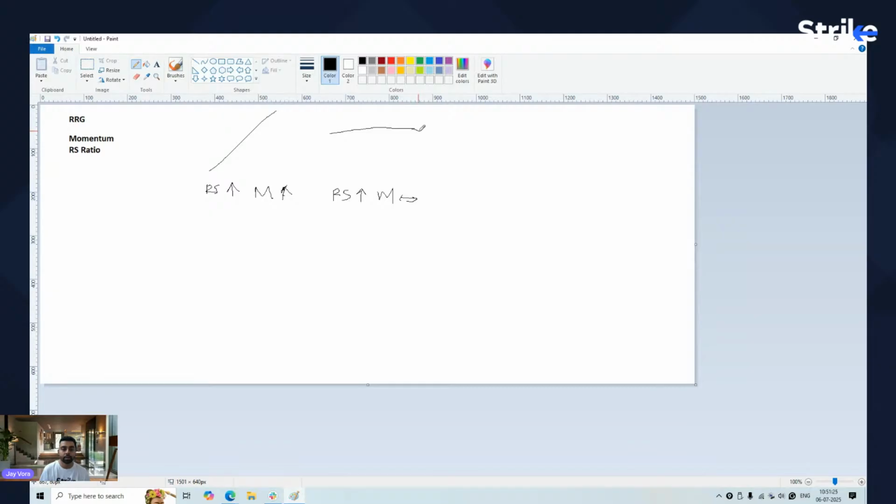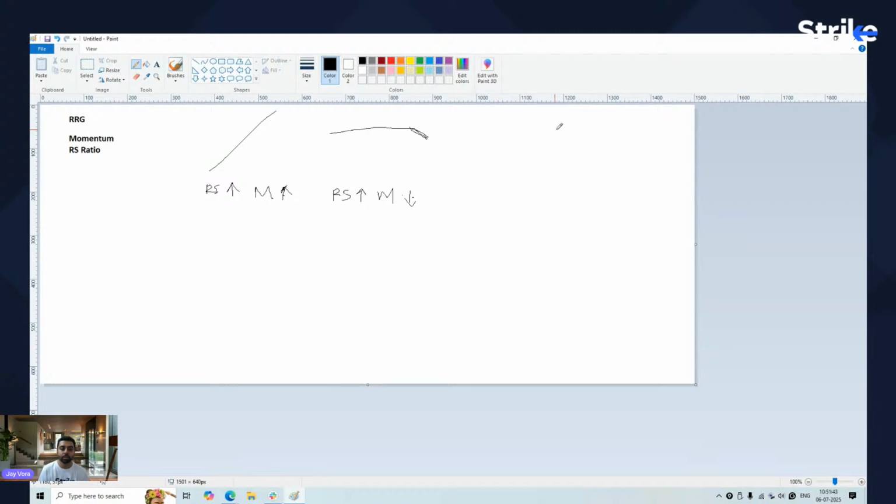Think of it this way actually, something like this. So over here, it would mean that the momentum is going down, right?